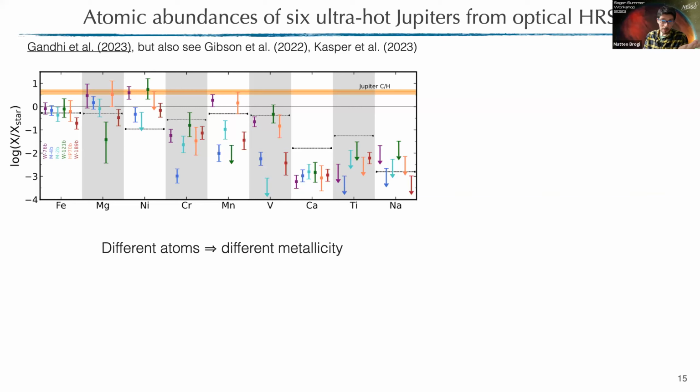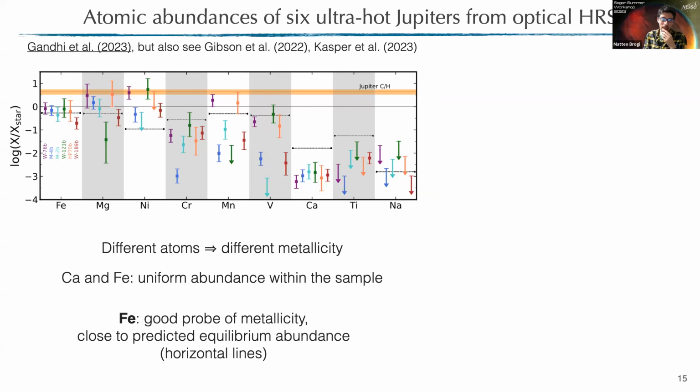The interesting result was that different atoms lead to different metallicity if you take them as tracers of metallicity. And calcium and iron seem to be the most reliable, the most constant across the sample. And also iron seems to agree with the predicted abundance in equilibrium. So iron is once again probably a good probe of metallicity for the planet.